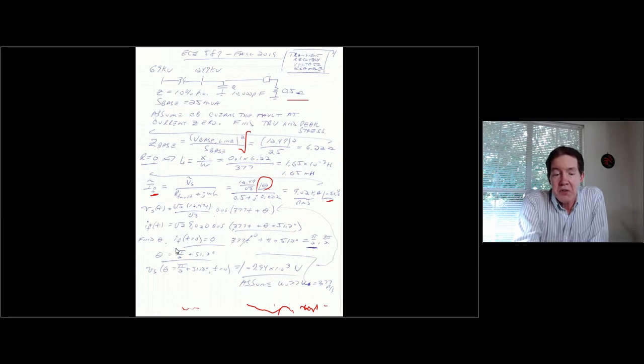Now, if I'm assuming that I have fault clearing occurring at a 0 crossing, then for time equals 0, I need to figure out, well, what is theta that gives me 0 for time equals 0? What this means is this expression in parentheses for the cosine, 377t plus theta minus 51.2, is going to have to be either pi over 2 or 3 pi over 2.